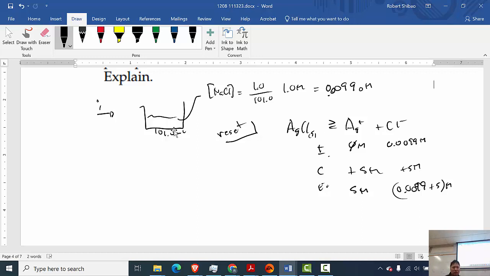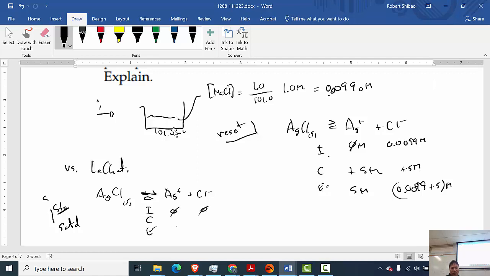Versus a Le Chatelier shift. A Le Chatelier's is first I'll saturate the solution. So I go silver chloride. It's going to go to silver ions plus chloride. And initially this was just a saturated solution in pure water. And so I would go initial 0, 0, and then I'm going to get S molar and S molar.